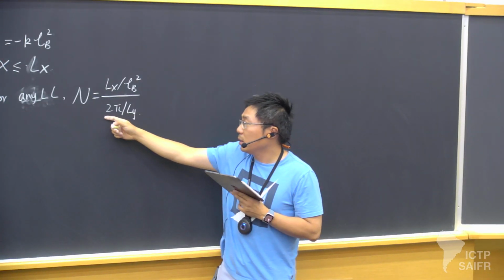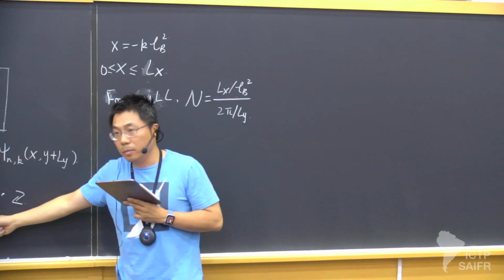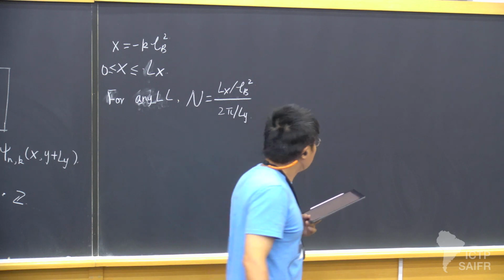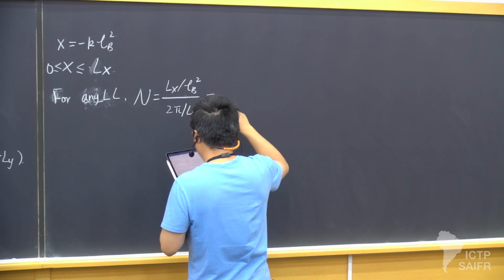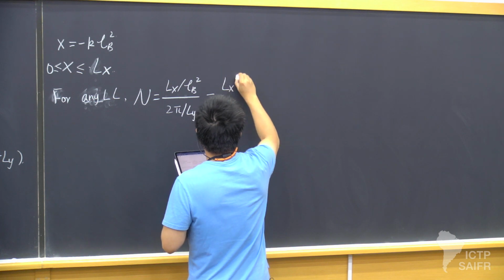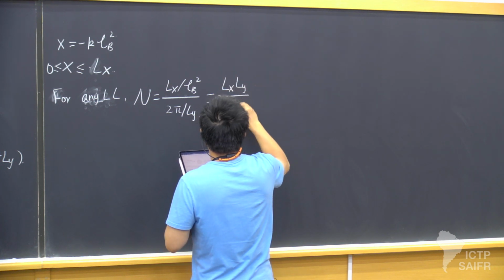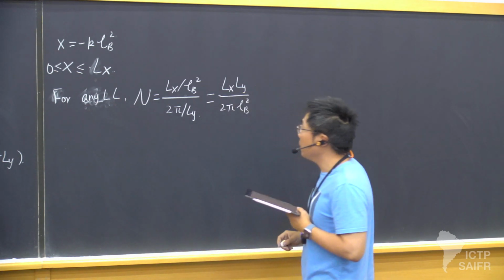This comes from the fact that I require my momentum to be 2 pi over Ly times an integer. Then we end up with the degeneracy of the state.